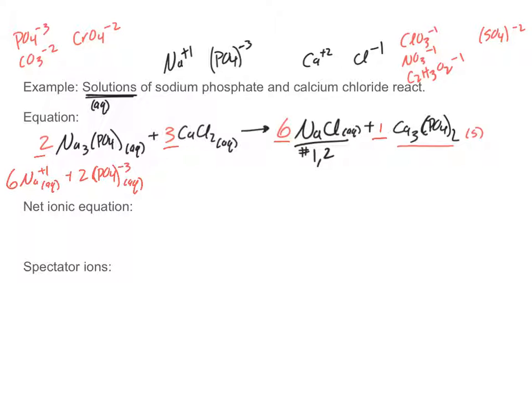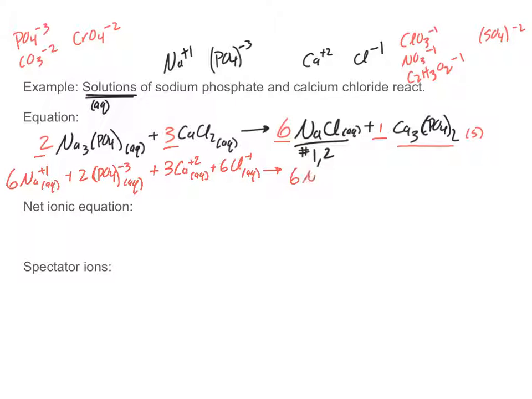Okay? I need to do the same thing with my other aqueous reactant. So I'm going to have 3 calcium ions, aqueous, and 6 chloride ions, also aqueous. Okay, and then I'm going to apply to the aqueous products the 6 in front of the NaCl.